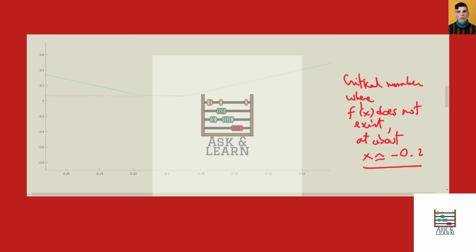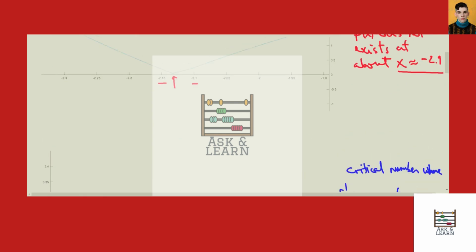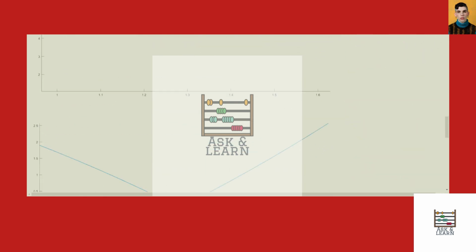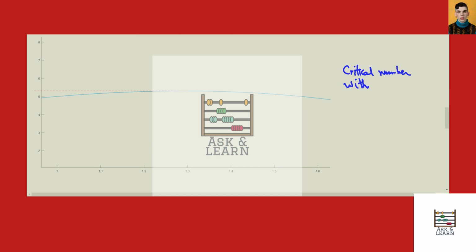Now the next one will be this, where the derivative is 0. Let's see, it's this one here. So this is a critical number with derivative of f equal to 0 at about x being 1.3.